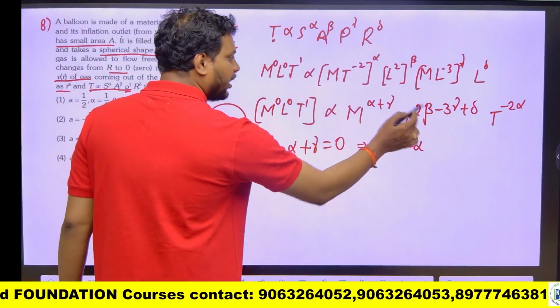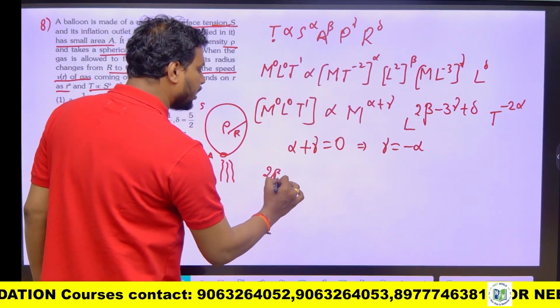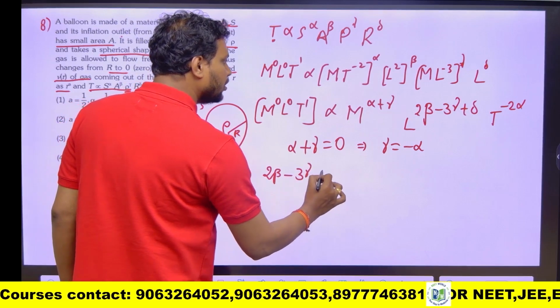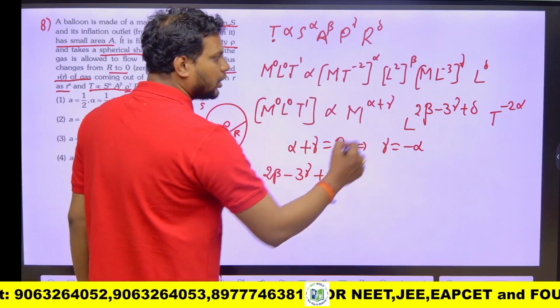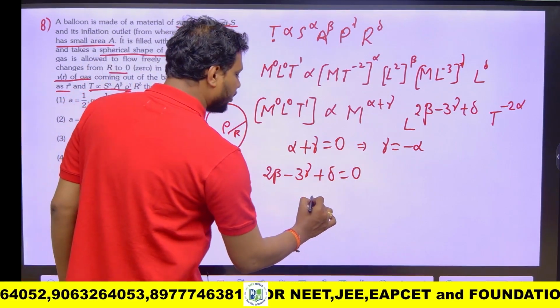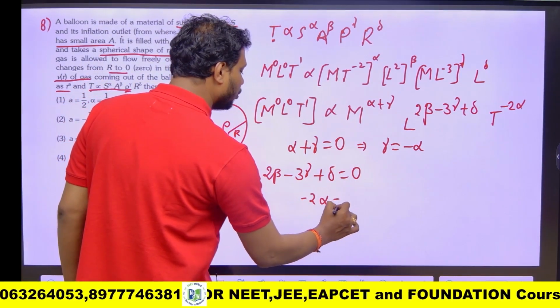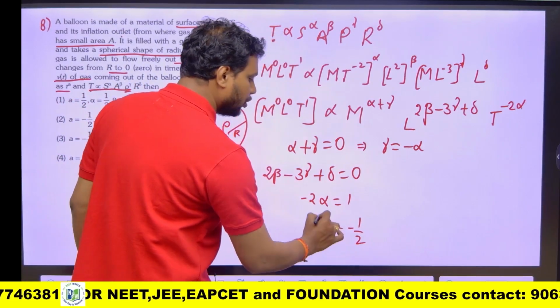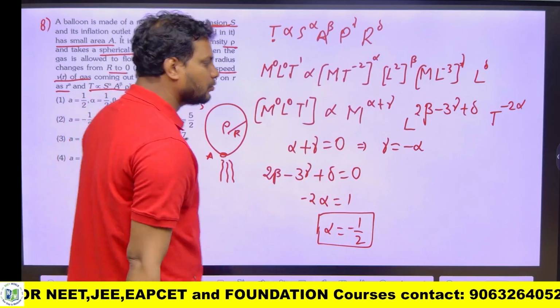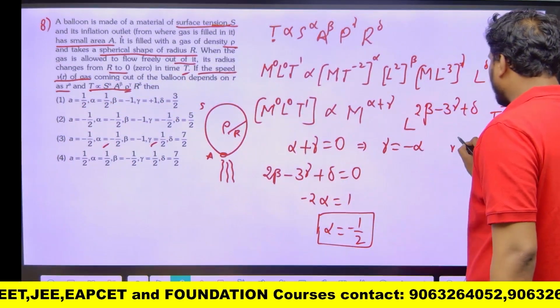From the second equation, we can write 2 beta minus 3 gamma plus delta is equal to 0. And from the third equation, we have minus 2 alpha equal to 1, so alpha is minus 1 by 2. If alpha is minus 1 by 2, then gamma becomes plus 1 by 2.